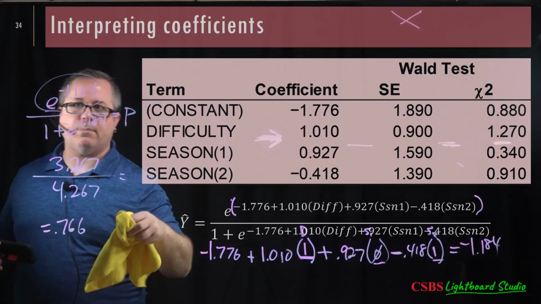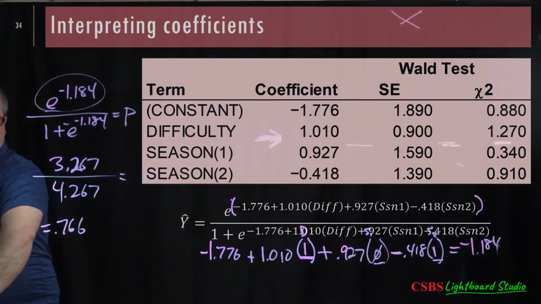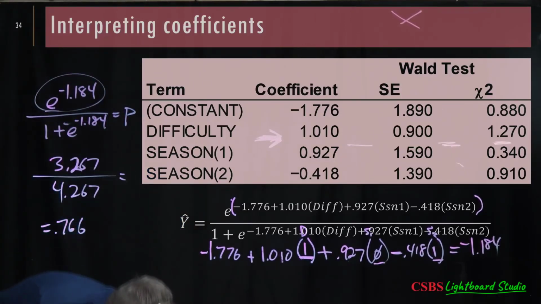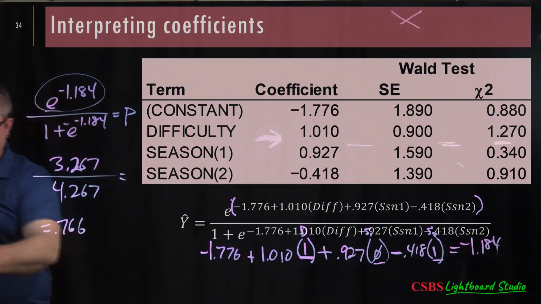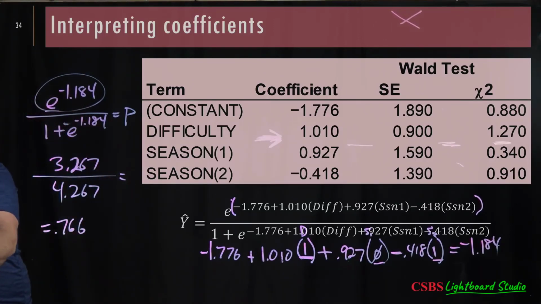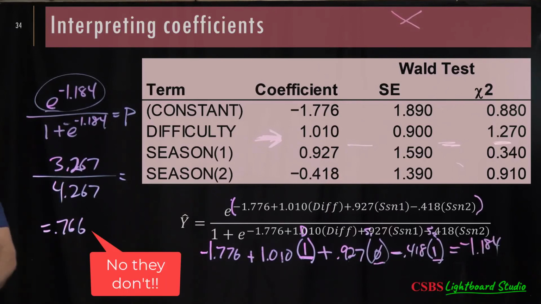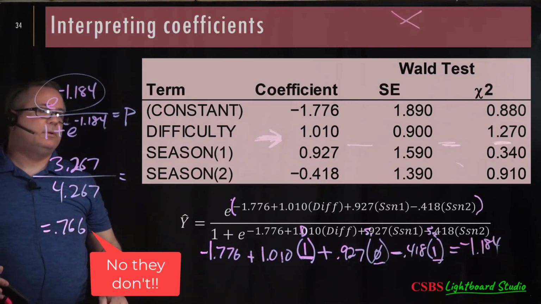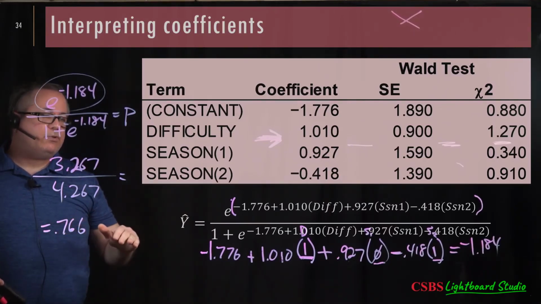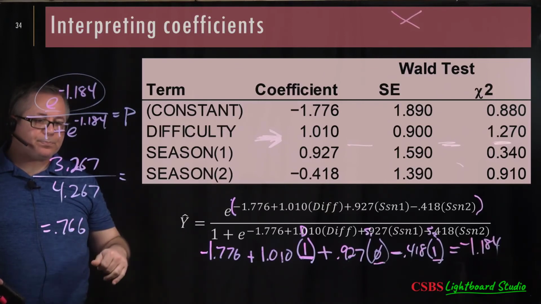Did I screw something up? Okay. So someone who's skiing an easy ski run in winter has about a 0.766 probability of falling. So that's great. That's a good prediction.